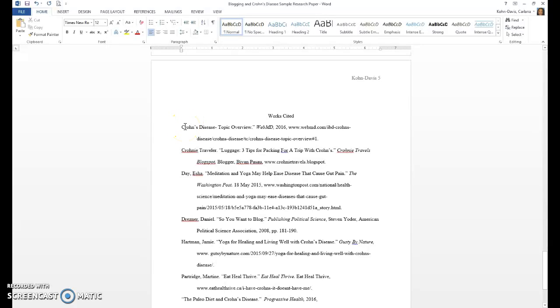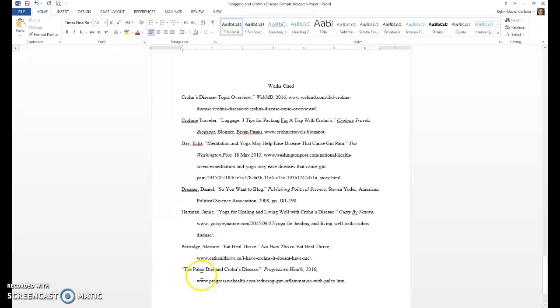So it starts with Crohn's disease, then Crony, then Day, then Dresner, Hartman, Partridge, then the paleo diet. Okay, so make sure all of your sources are in order according to the first word or the author's last name.